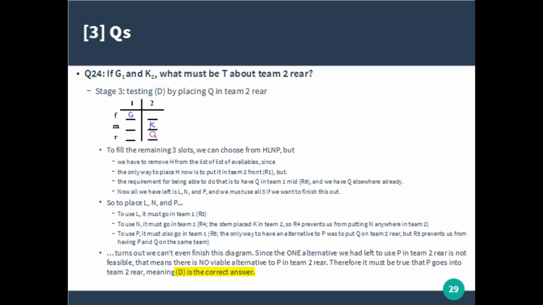So it was hard for me to code it into each and every diagram to start with, but this is what I'm talking about when I want people to get a sense of the rules and how they interact. Even though it was hard for me to draw out that possibility each and every time, I was just uncomfortable anytime Q was not in a convenient spot for us, because that disqualifies us from using H in Team 2, and disqualifying us from using H was very restrictive because that really heightened the risk of us needing to rely on N, P, Q, and K, and those all have restrictions.